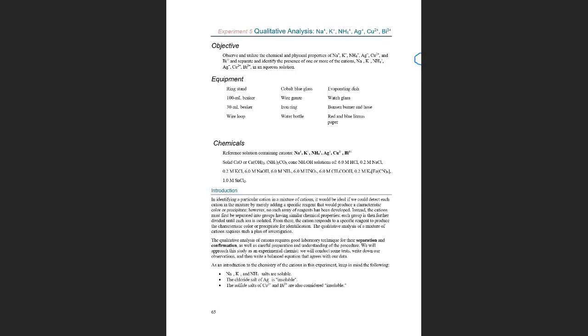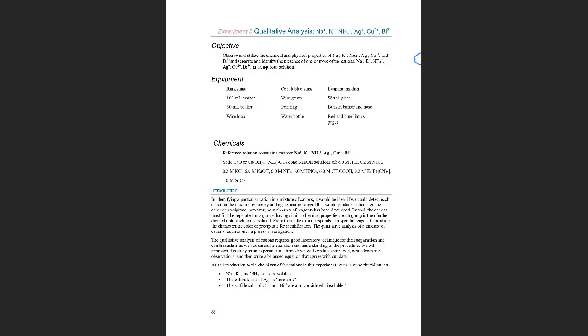So what is a chemical reaction that helps us identify the ion? Well, let's say we have a test tube. Imagine you are in the lab and you have all these 6 cations there.